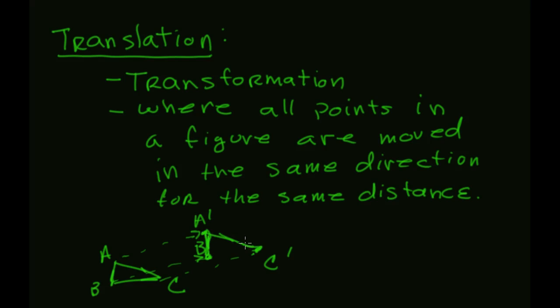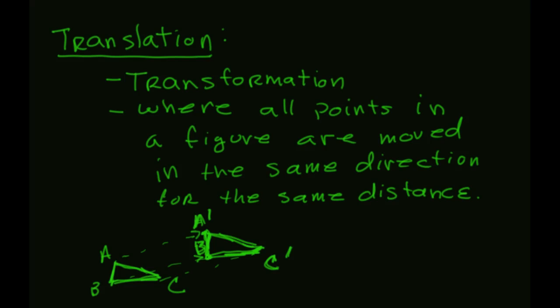And I'll fill in the rest of the points. And now I have moved the triangle ABC all the same direction and the same distance and made the triangle A prime, B prime, C prime. Okay, so what you're seeing here is a transformation, right? It's moved everything from one place to another.